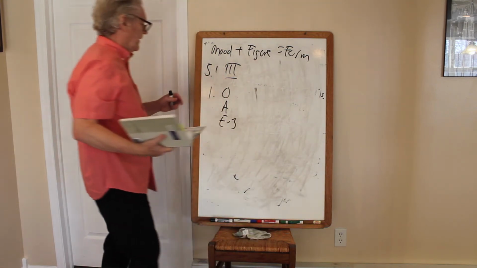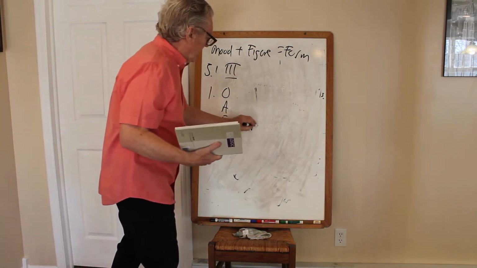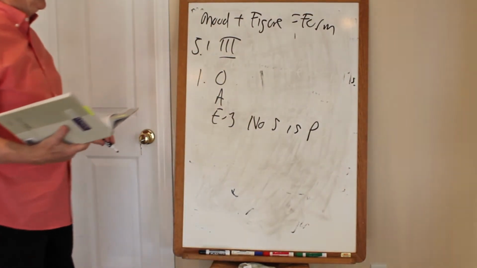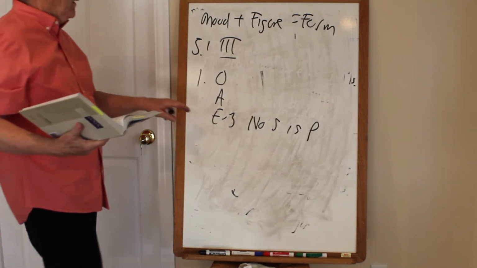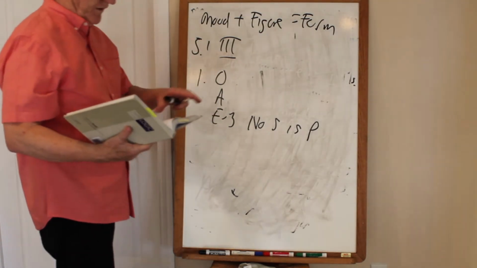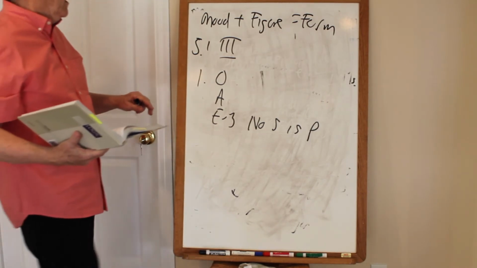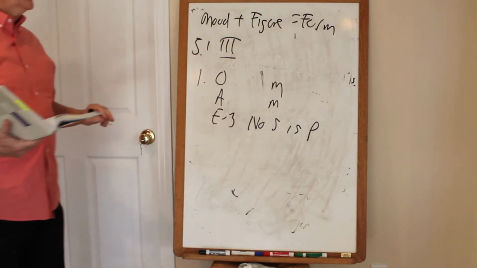OAE3. Okay, so what is an E proposition? It would be no S is P. And so the P term has to go in the conclusion. We know that according to the figures provided on page 276, in figure 3, the M term, or the middle term, must occur both times in the subject place.